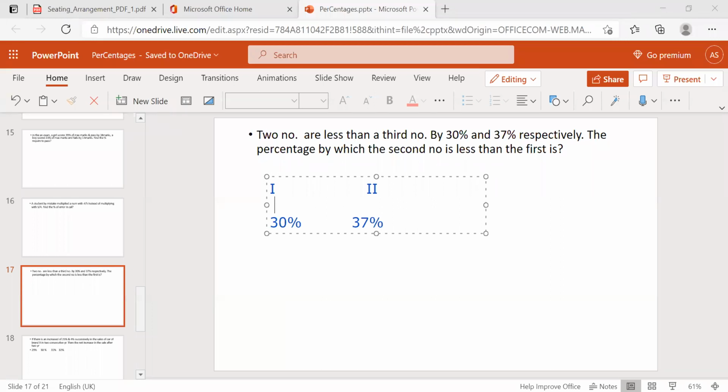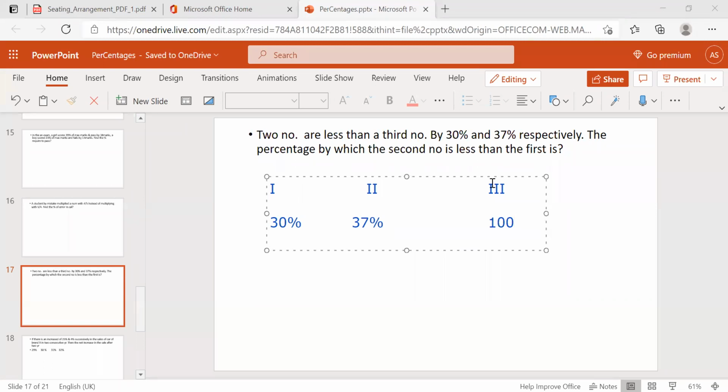So I always say, if it's a percentage and you are assuming any number, then it's better to assume 100, because percentage is out of 100, it will be easy. Here I am assuming the third number is 100.